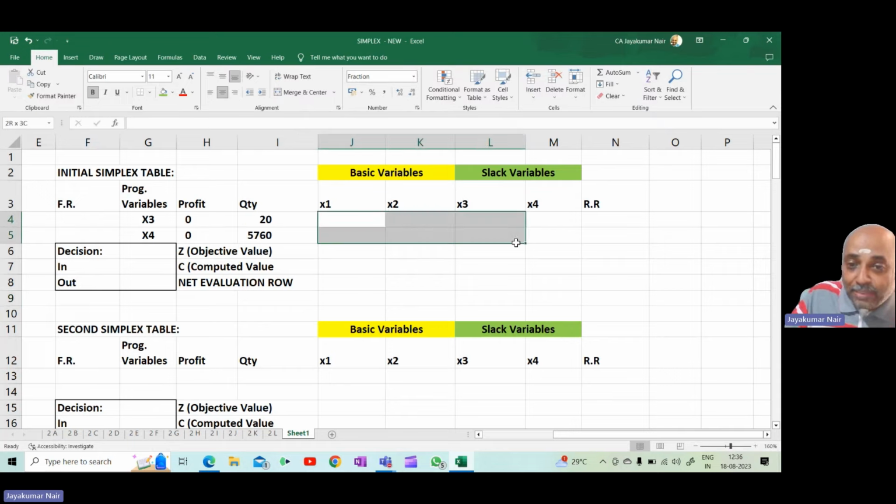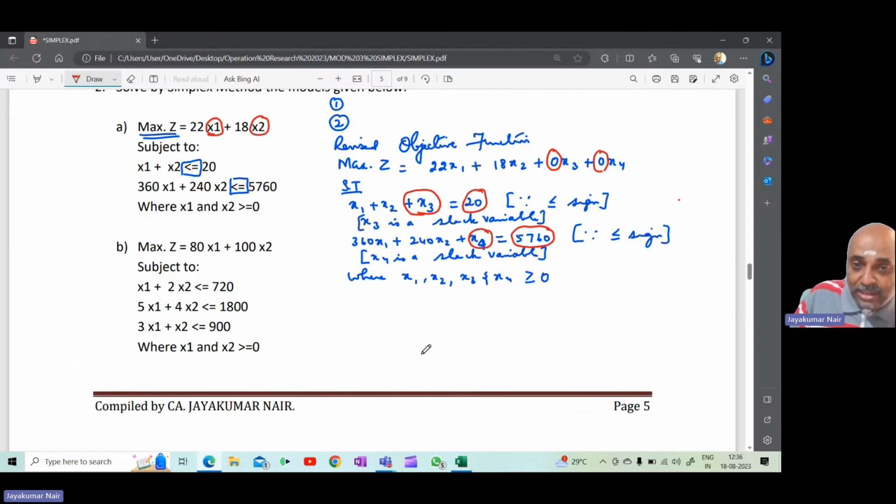Now, how do you fill up these columns? Look at the first constraint. The coefficient of x1 is 1. Why? X1 means 1x1. Similarly, x2 means 1x2. When there is no number, by default it is 1.